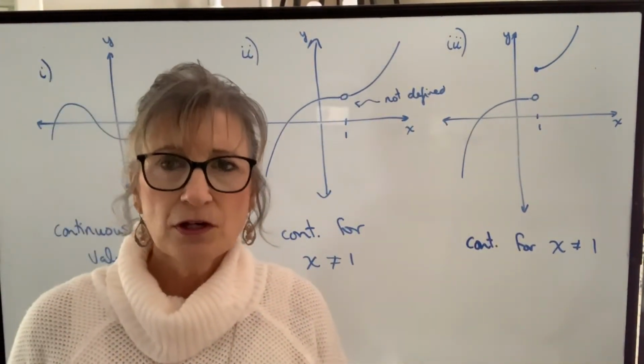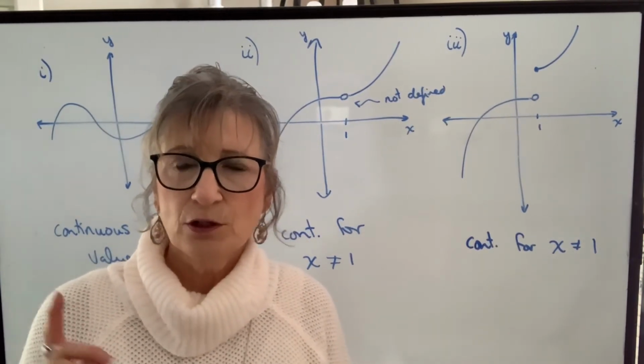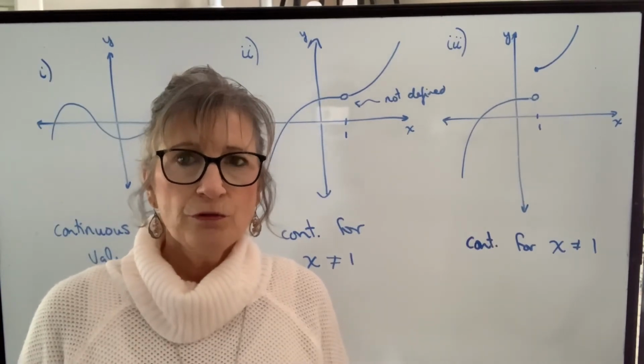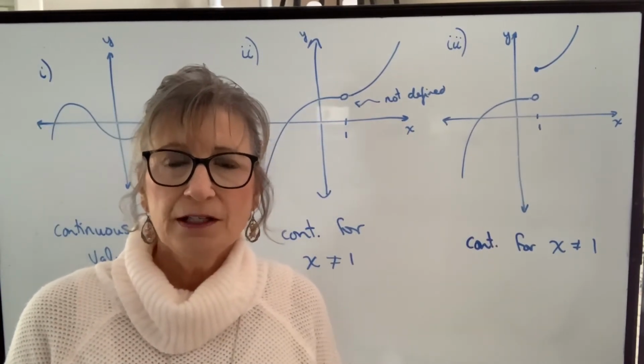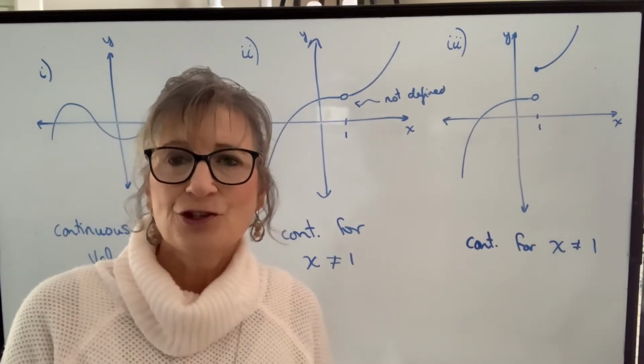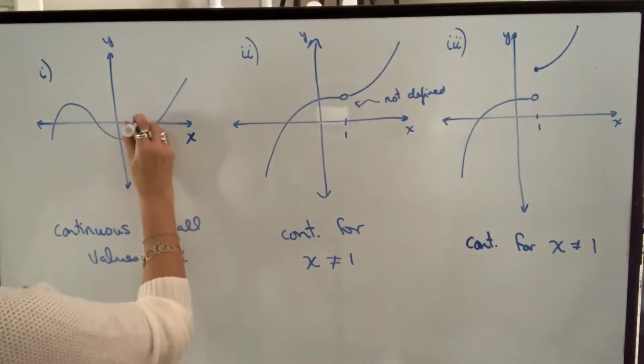Now the idea of continuity is going to be important when we find limits, and that's going to be the next video, but I just want to introduce you to the idea first. When you're finding a limit, you're finding the value that the function is approaching as your independent variable approaches another number. So let's take a look at 1.